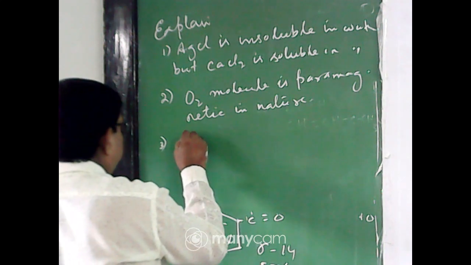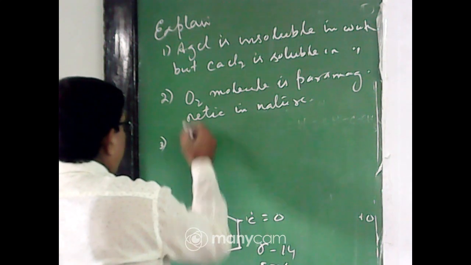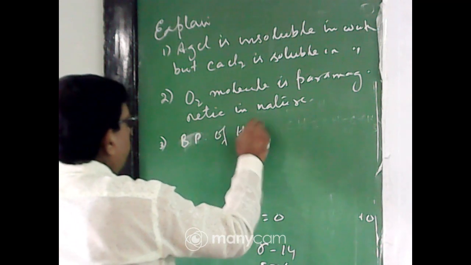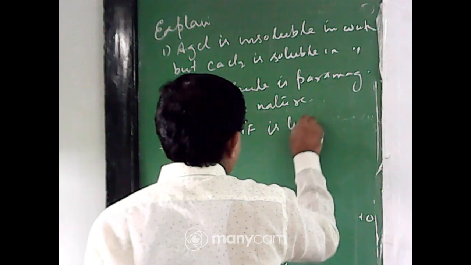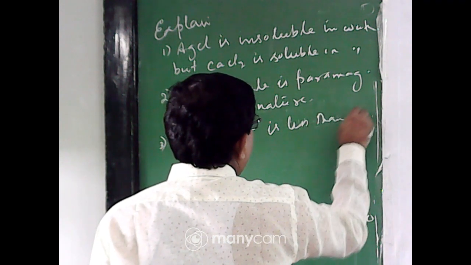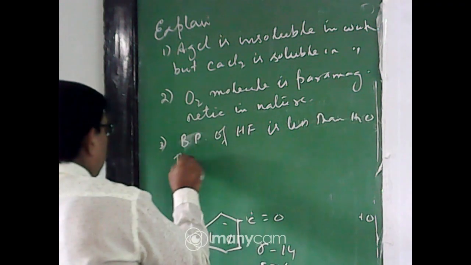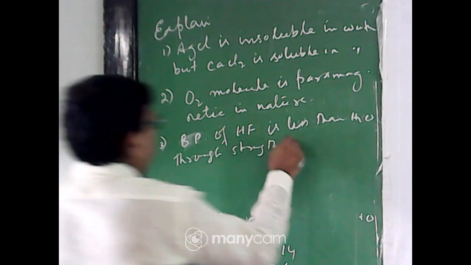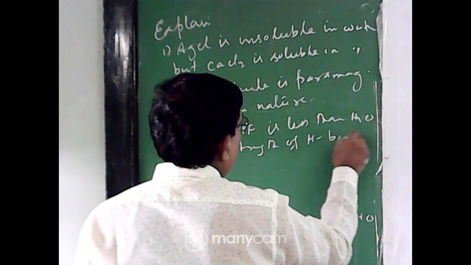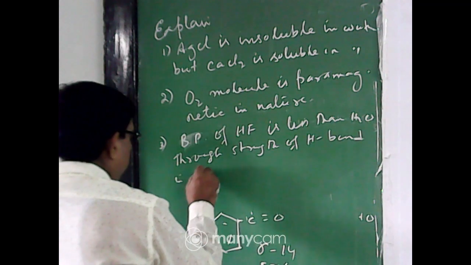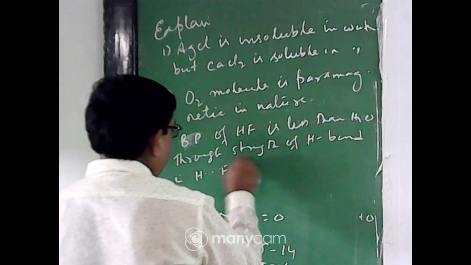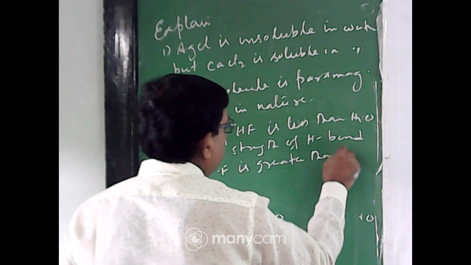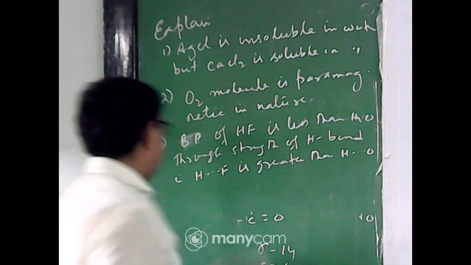Number 3, boiling point of HF is less than H2O, though strength of hydrogen bond in HF is greater than H2O.